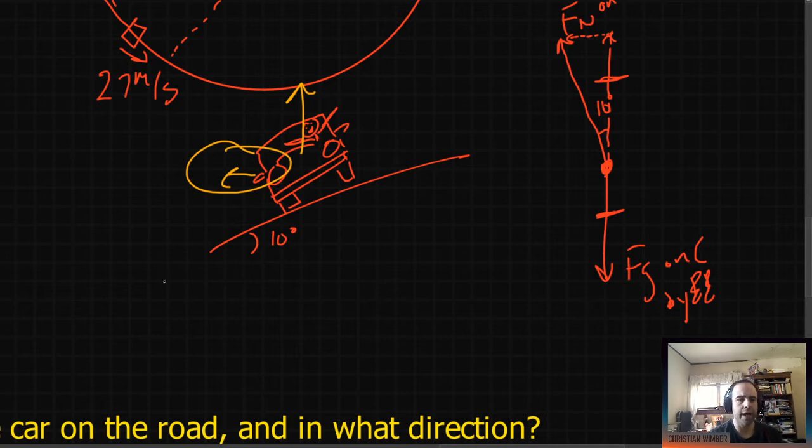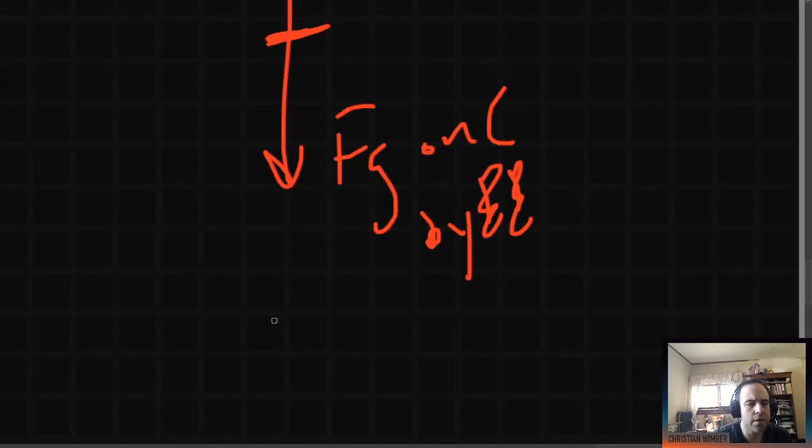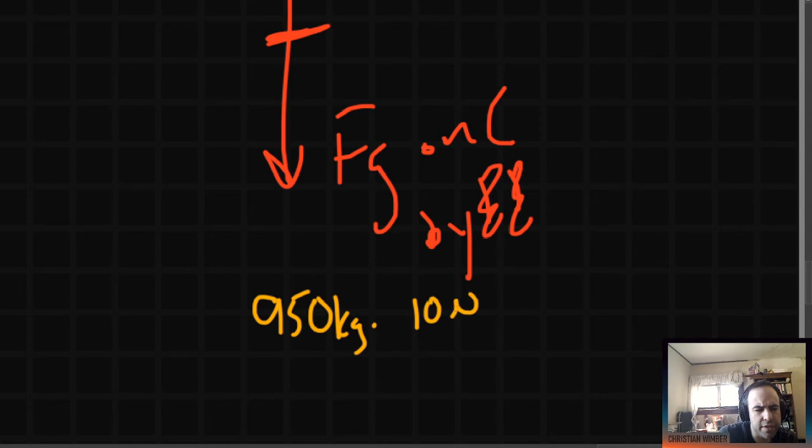We need to figure out how big this force is so that we can plug it into our central force model. All right, well, if we know that the force of gravity is balanced out by part of this normal force, let's start by calculating that. The force of gravity is always equal to the mass, which was 950 kilograms, times 10 newtons for every kilogram.